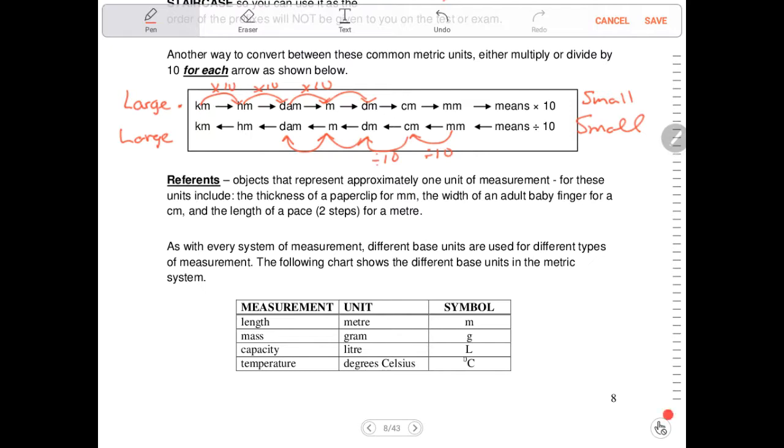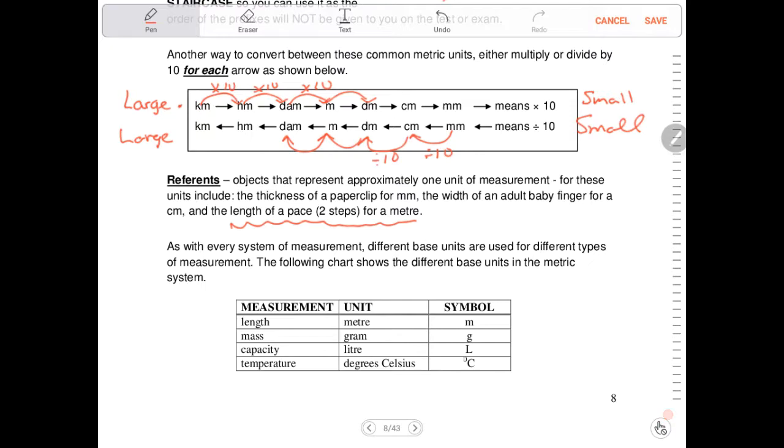So for example, it says the length of a pace, 2 steps, for a meter. Let's say you're walking along and you want to know how long a section of grass is. Every 2 steps you take, you could say, okay, that's a meter. So if it took 20 steps in total, I must have 10 meters, okay?